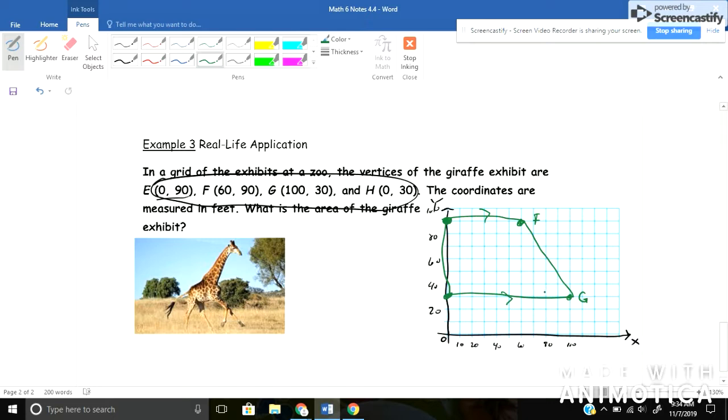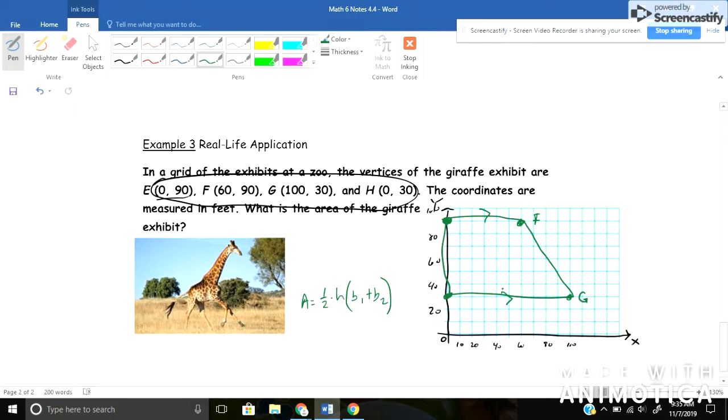All right. And then it wants us to find the area. Okay, well, remember the area formula for a trapezoid is area equals a half times the height times the bases added together, so B1 plus B2. Let's count and see how big our bases are.